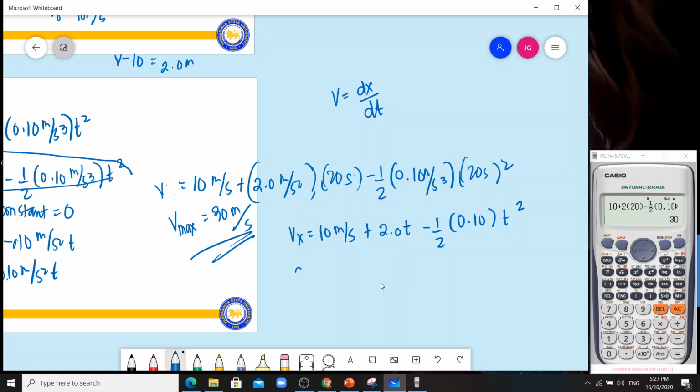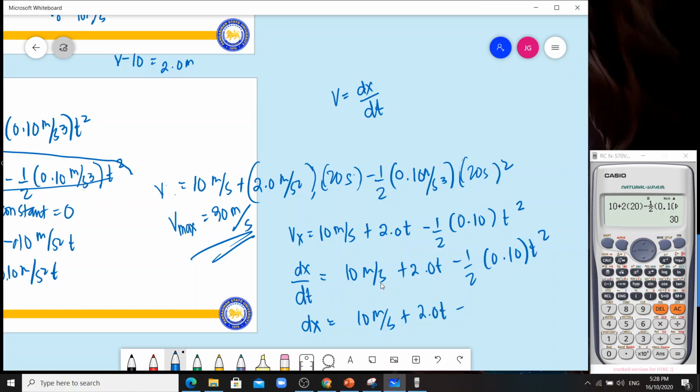So, ito pwede natin palitan na dx over dt para makuha natin yung distance. Then, syempre, lipat natin sa kabila, dx equals 10 meters per second plus 2.0t minus 1 half 0.10 t squared dt.